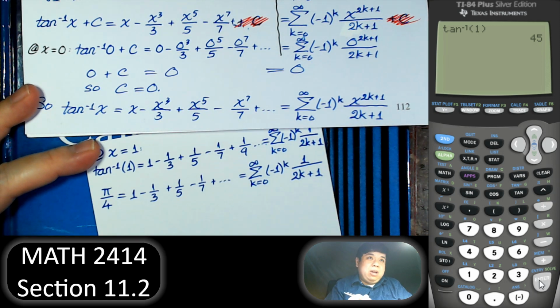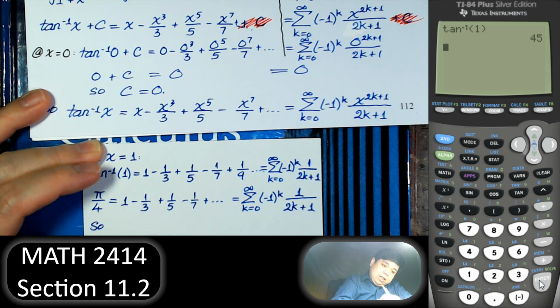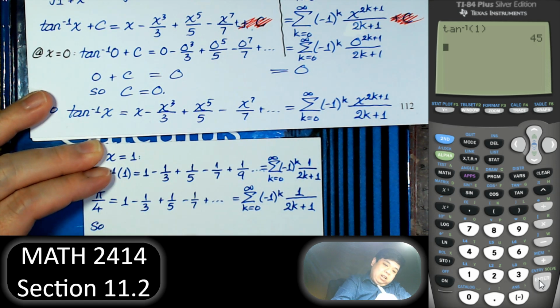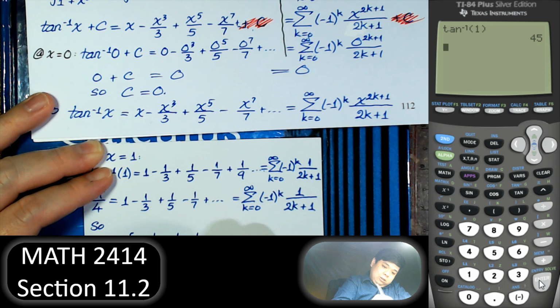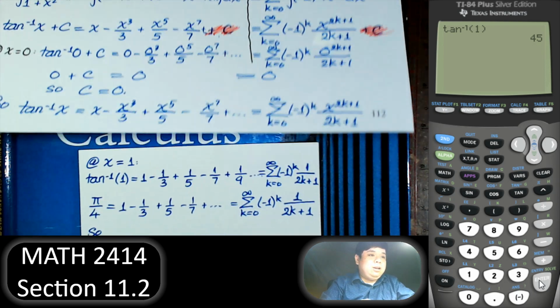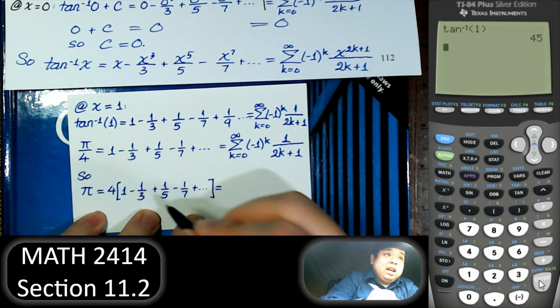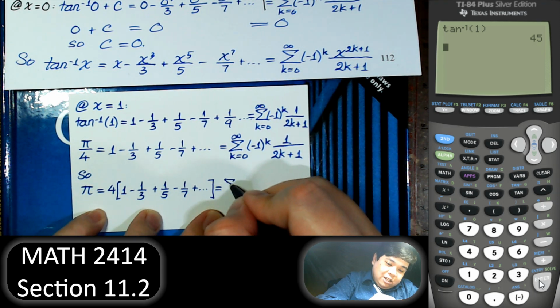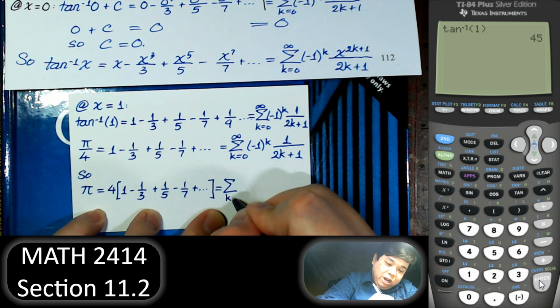Then what really is a big deal is if we multiply 4 on both sides, so we have the definition for pi. So that means if we want to estimate pi, we can write it like that. I forgot the 4, but I'll do that later.